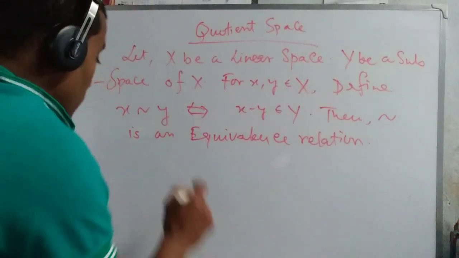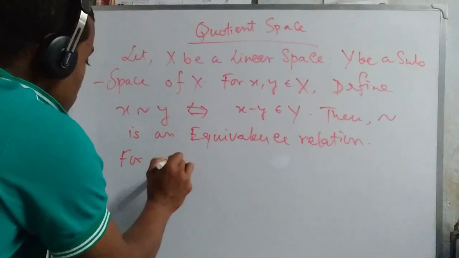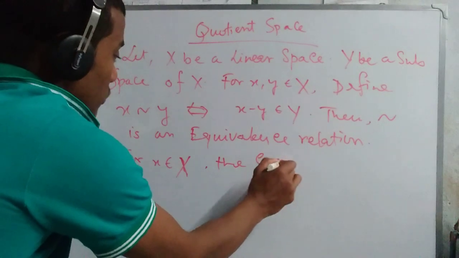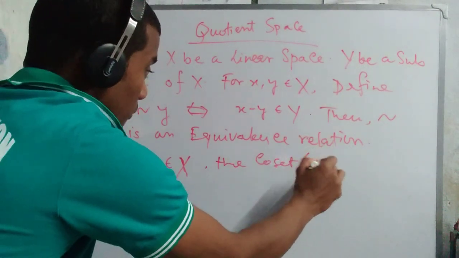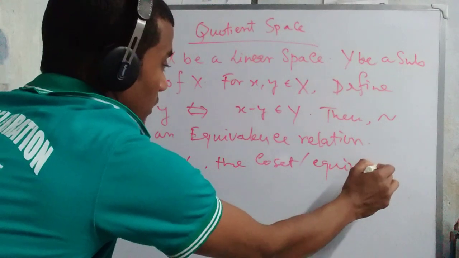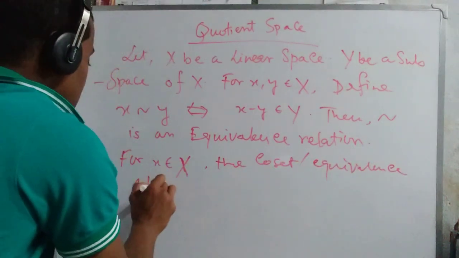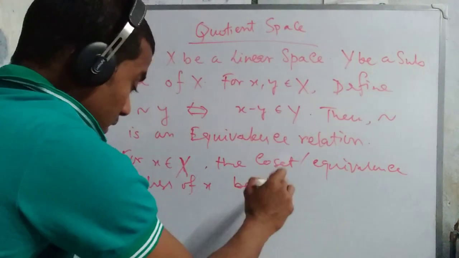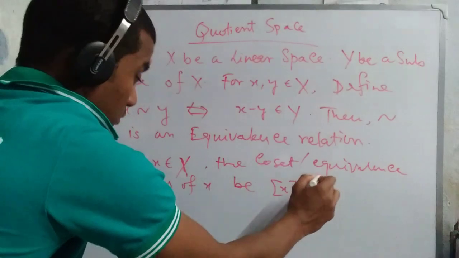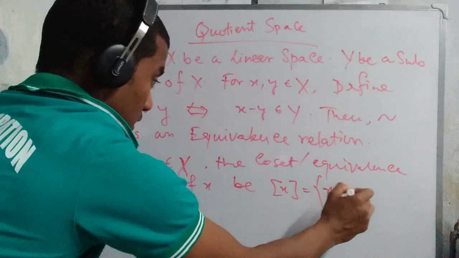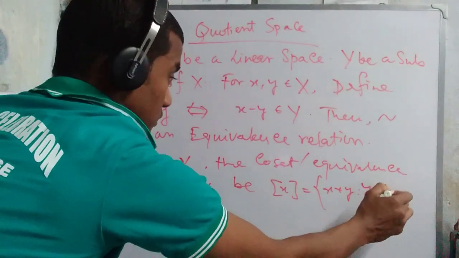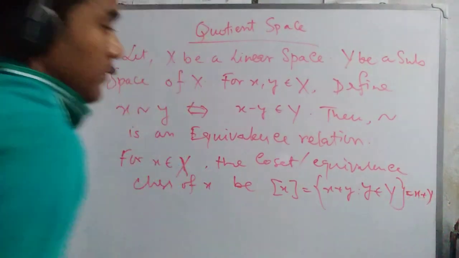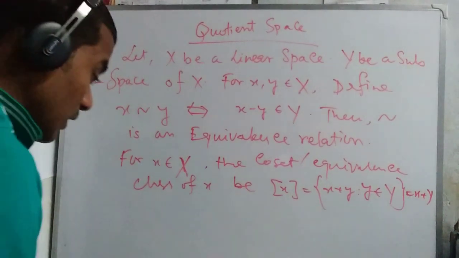So we write here in this way: for x belongs to X, the coset or the equivalence class of x is this one, equal to x + Y, where y belongs to Y, equal to x + capital Y.